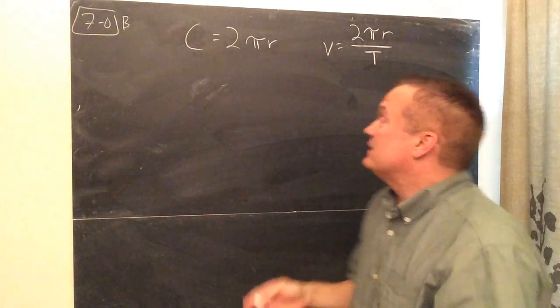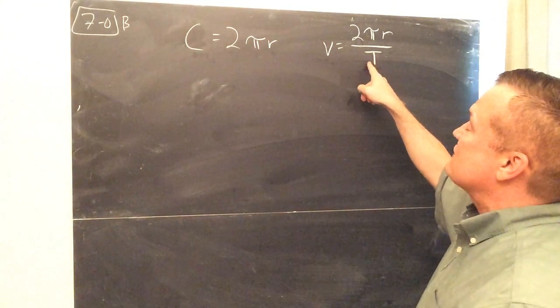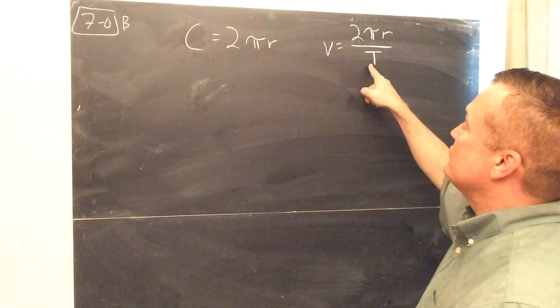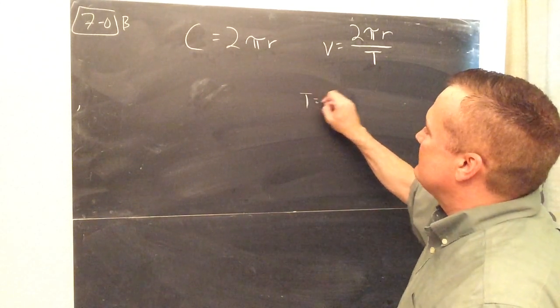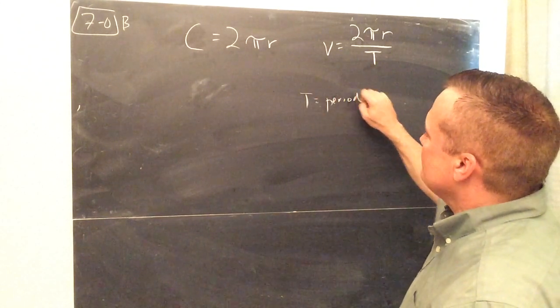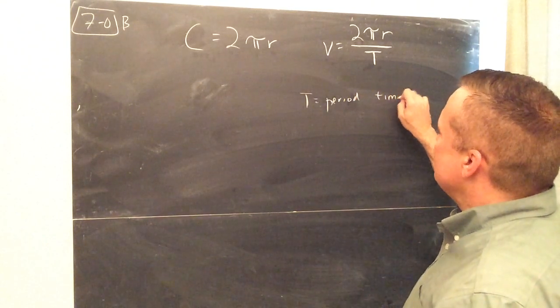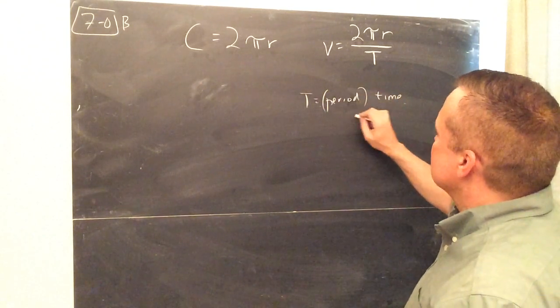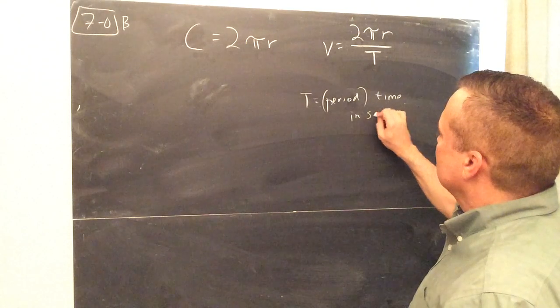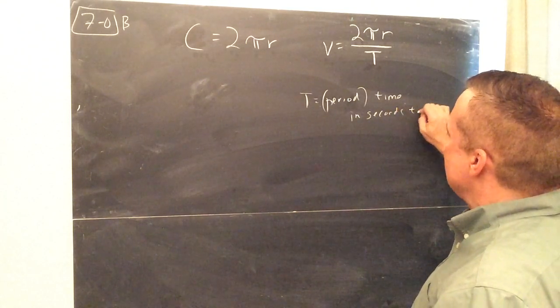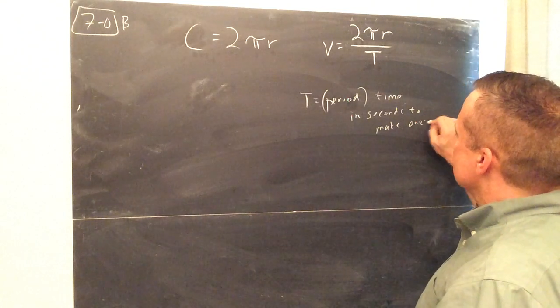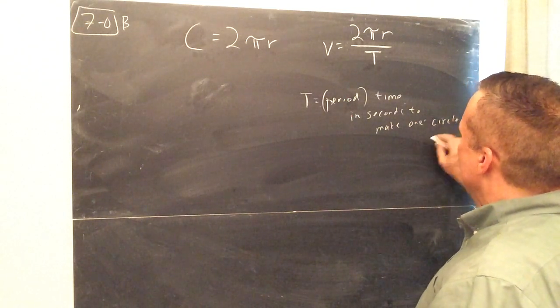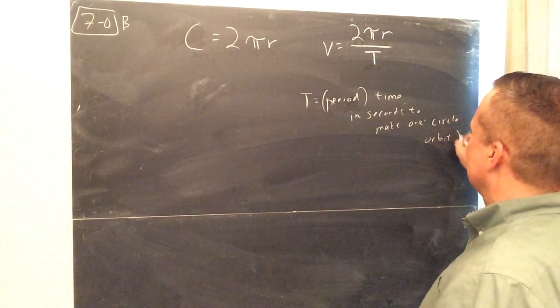But when you're doing a math calculation, you have to put it in seconds. So the period is the time in seconds to make one circle, or you can say orbit if you're talking about planetary motion.